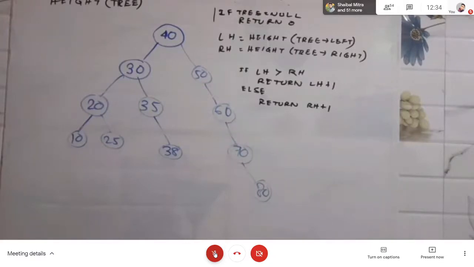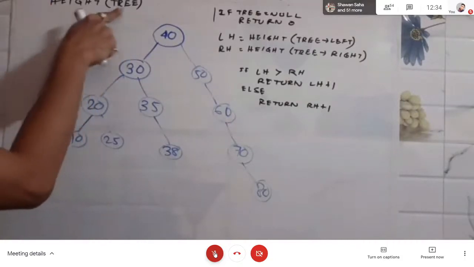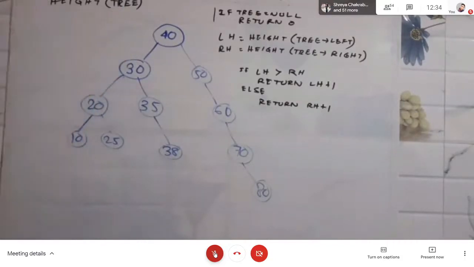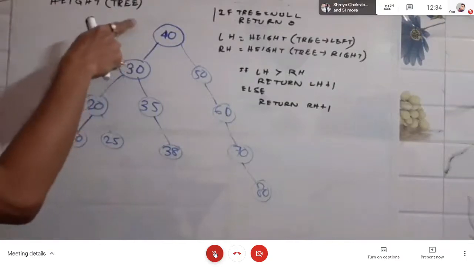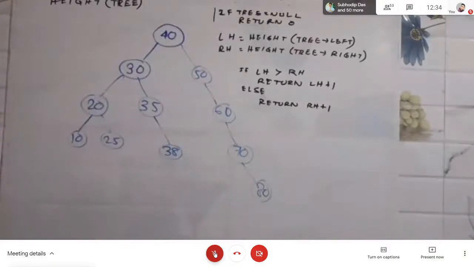So if we just minutely think what is actually happening, so we can see that 50, we can see that 40. Okay, first height is called with the address of 40. So when the address of 40 is called, at this point it is checking whether tree is null. No, because it is having the node with the value 40.